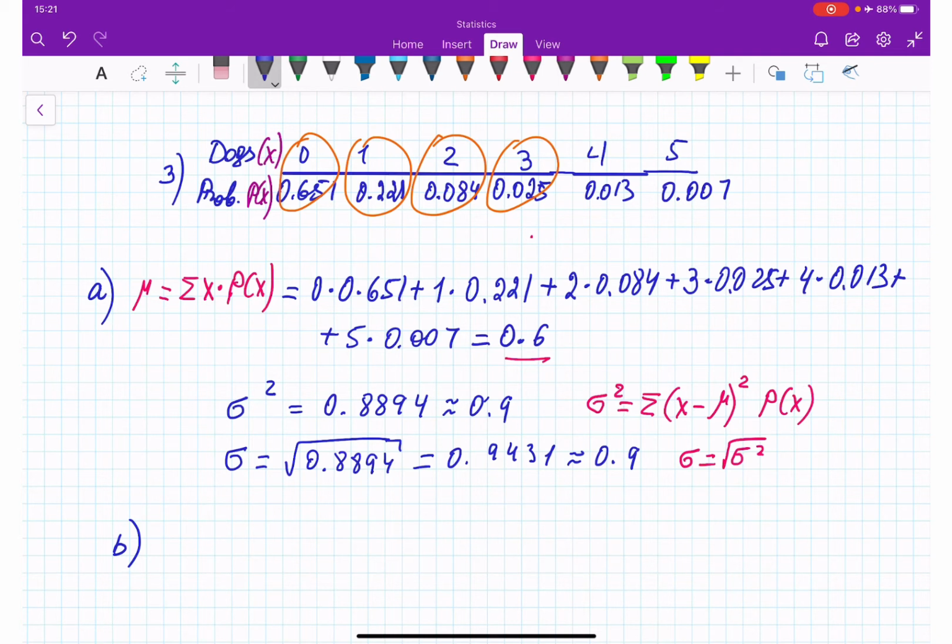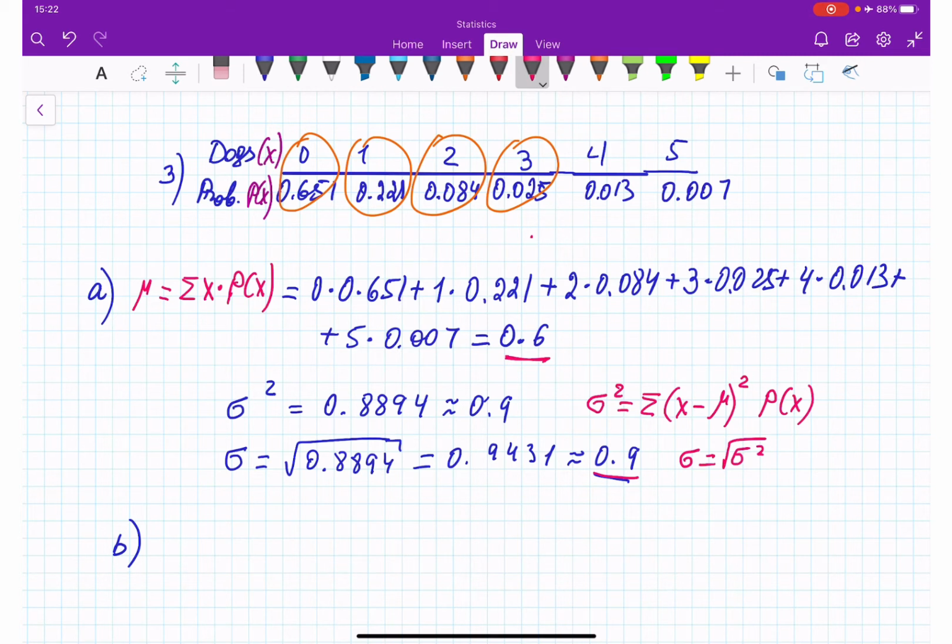The household on average has how many? 0.9 or 0.6 or 0.5 dog, with a standard deviation of 0.9. How much is our standard deviation? 0.9, yes?